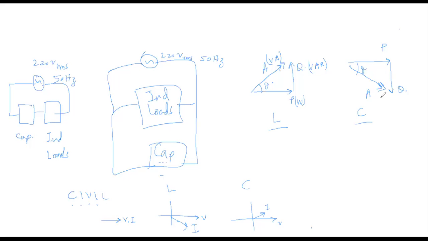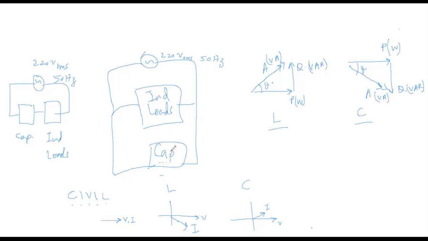Similarly here, watts, volt ampere reactive, and sorry, this one should be volt ampere. Apparent power is volt ampere and real power is watts. Now the reactive power direction in an inductor and in a capacitor is opposite.